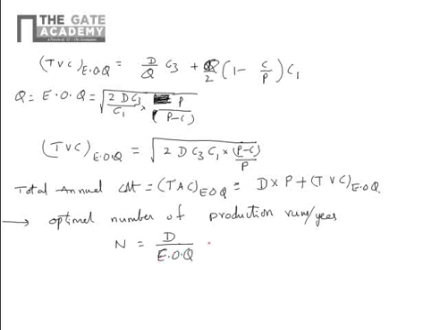Substitute the economic order quantity here: D by square root of 2D C3 by C1 into P minus C by P.